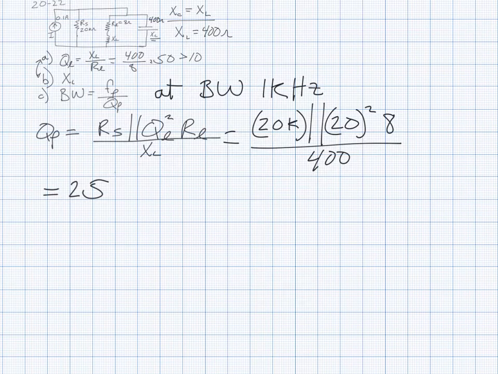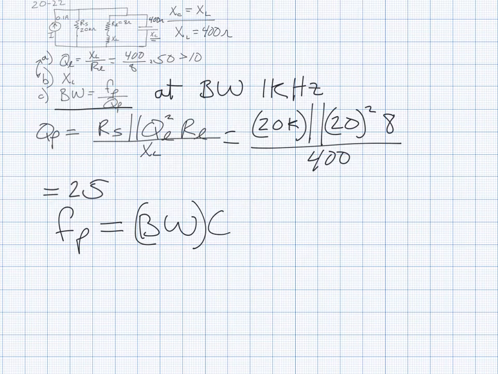All right, so going back to the equation there, to solve for the frequency of this parallel resonance circuit, we're going to rearrange this so that we have the bandwidth multiplied by the quality factor of the parallel circuit.